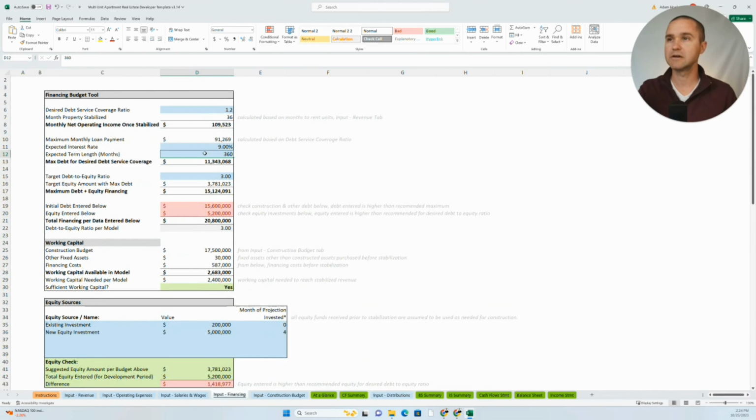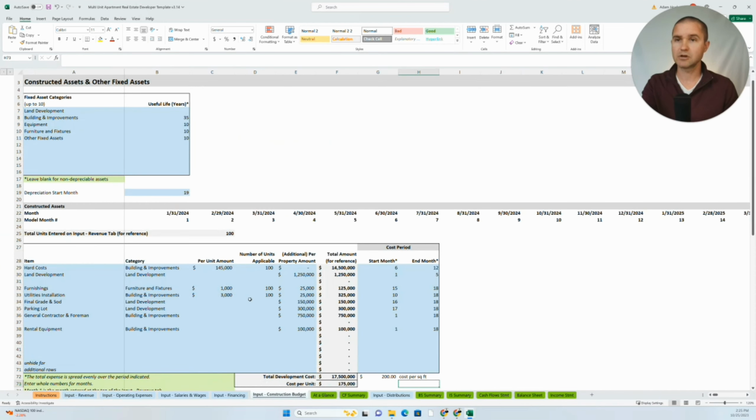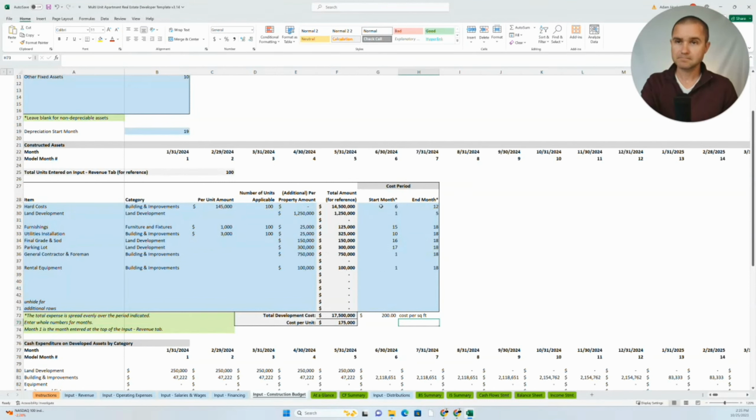What's happening here when we have these higher interest rates is that we don't have enough cash flow to maintain the debt service coverage ratio and be able to borrow enough to get the deal constructed or acquired. And what are some things you can do? You can come back to your construction budget, and you see we've got a cost here of $200 per square foot.